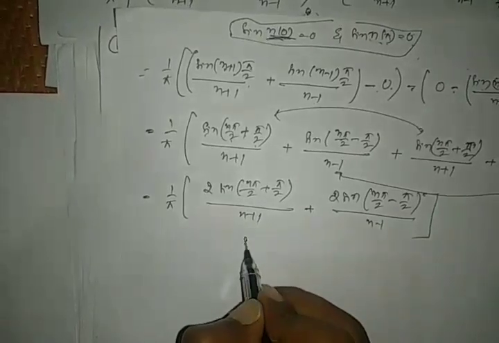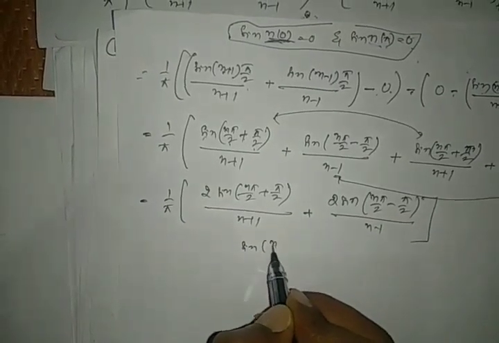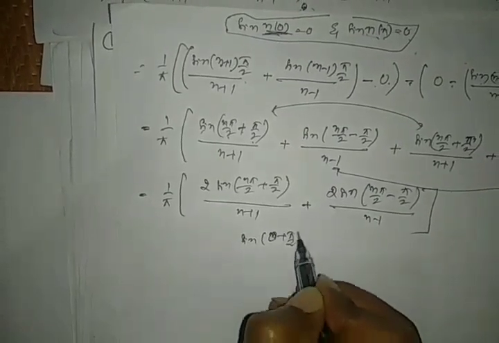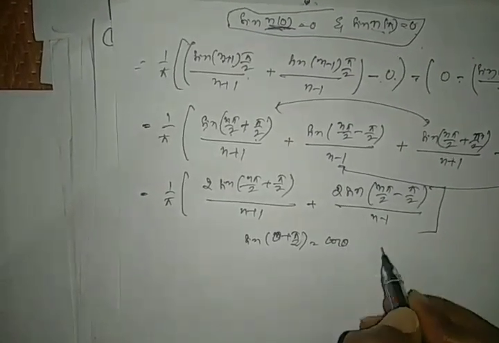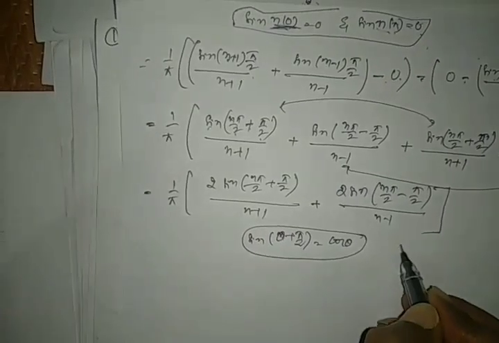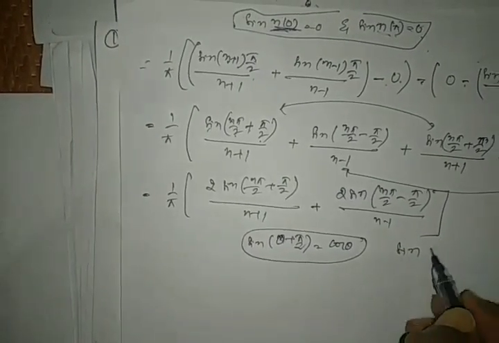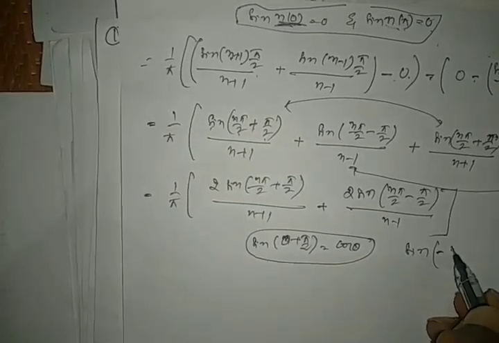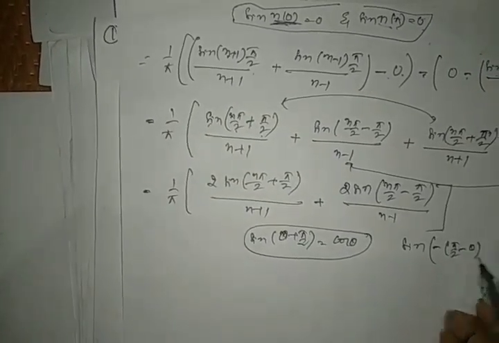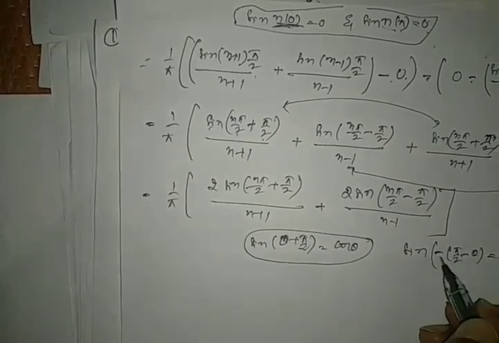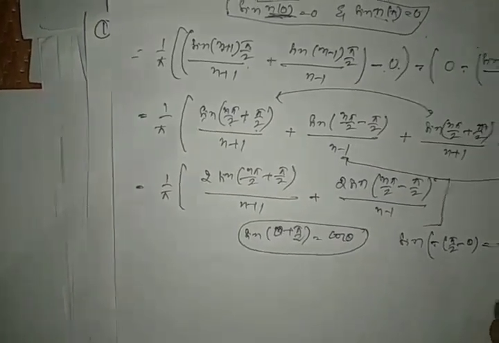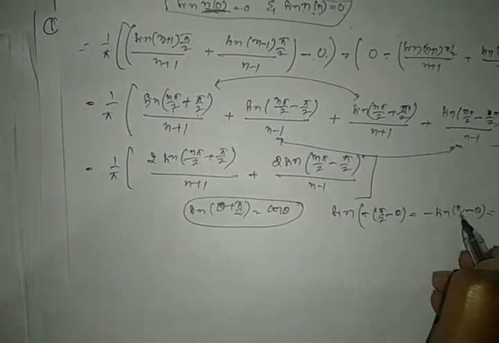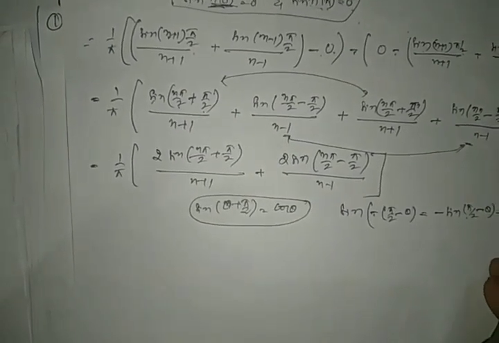See, sine of theta plus pi by 2 is equal to cos theta, whereas here minus is common, so sine of pi by 2 minus theta, before that it has a negative value, minus sine of pi by 2 minus theta, that is equal to minus cos theta.